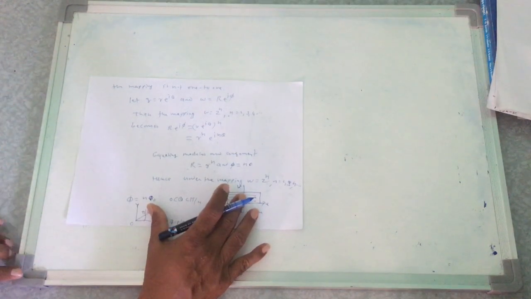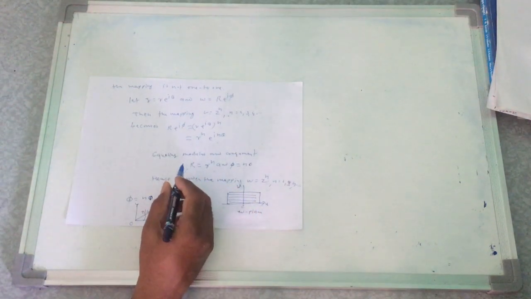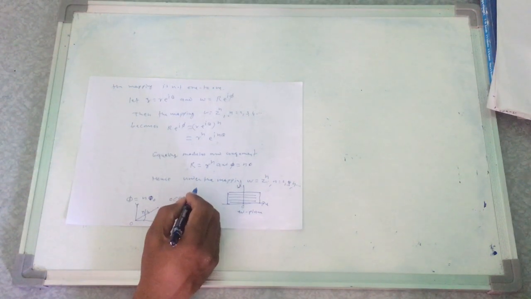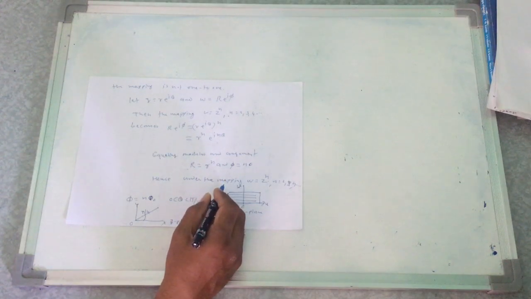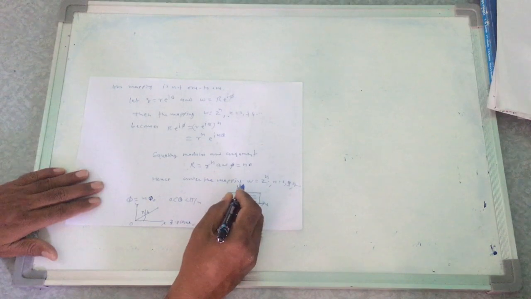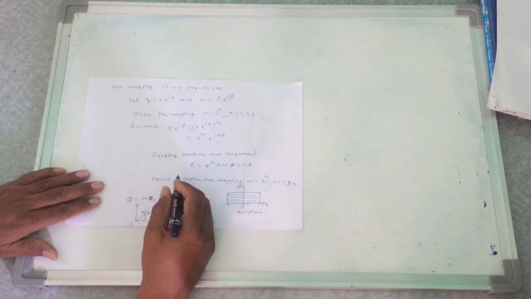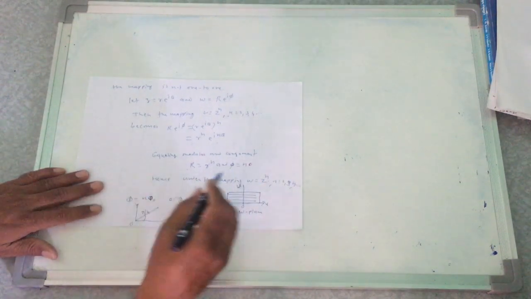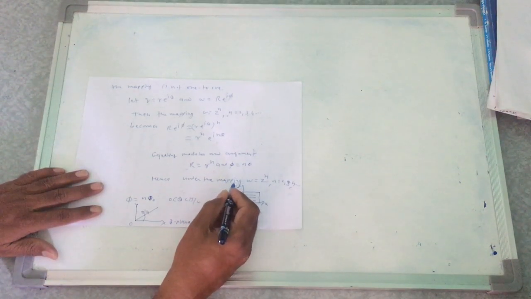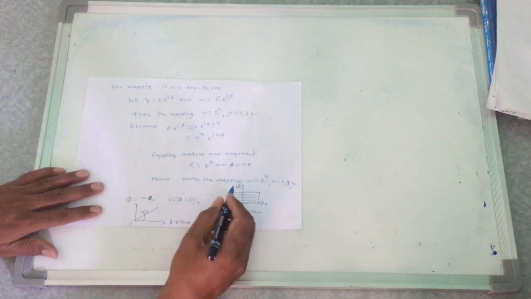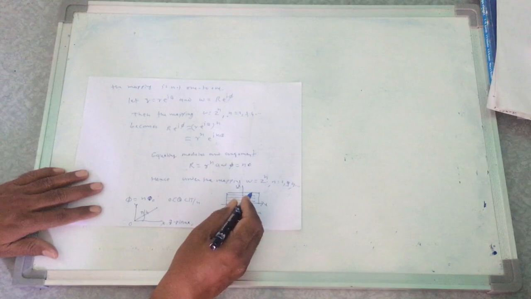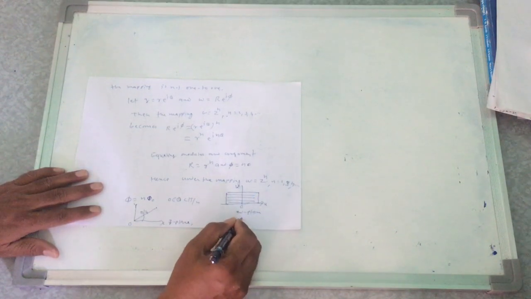Understand? So in one figure, circles mod of z is equal to a in the z plane are mapped into circles mod of w is equal to a to the power n in the w plane, and second, lines theta is equal to theta 0 in the z plane are mapped into the lines phi is equal to n phi 0 in the w plane.